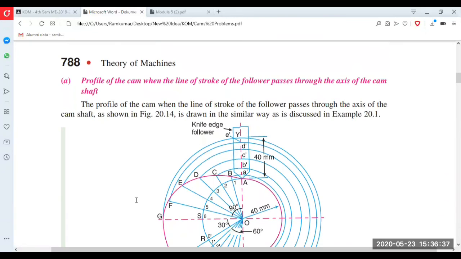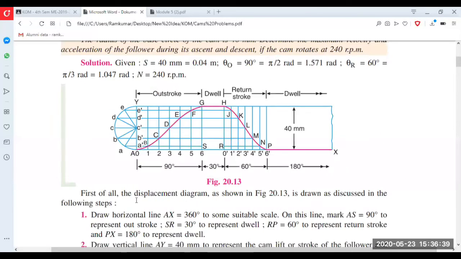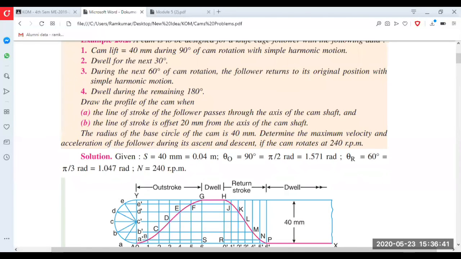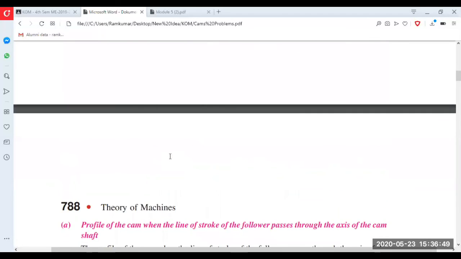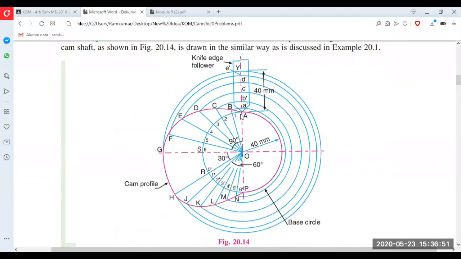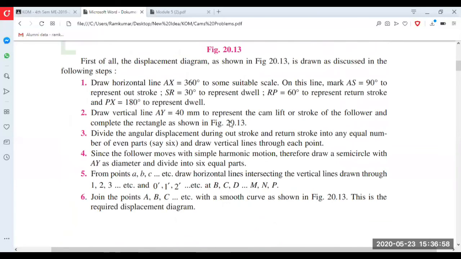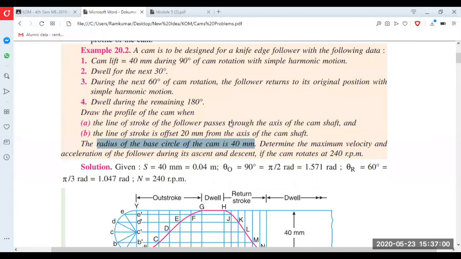How to draw the profile of the cam? Here they have given in the problem that the base circle of the cam is 40 mm radius. So first you have to draw the base circle of the cam, 40 mm. Then we have to see whether the cam is rotating clockwise or anti-clockwise.